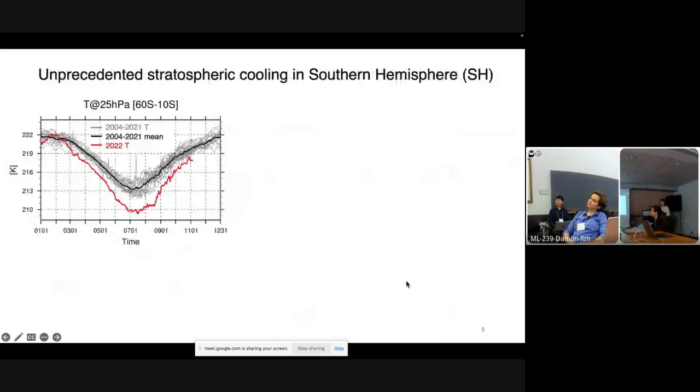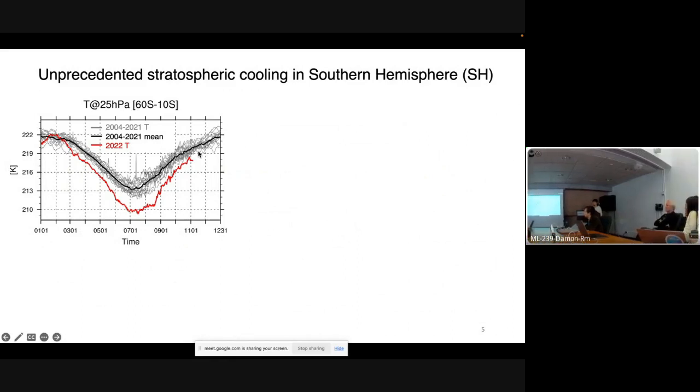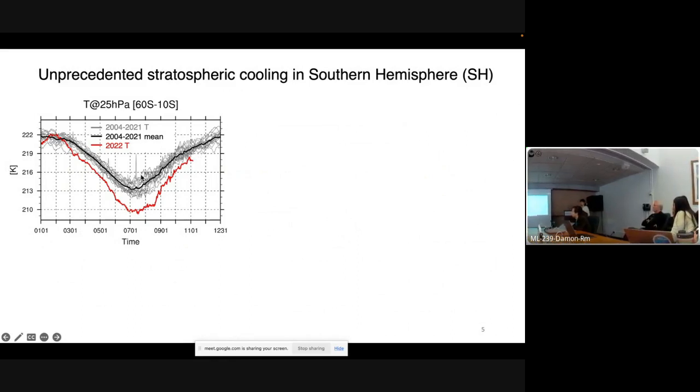Let's see what happens in the observation first. On the left, you're looking at the spaghetti plot of temperature in the stratosphere from satellite. The gray lines show the temperature for different years, black is the climatology, and red is the temperature for 2022. It's very obvious that following the Hunga-Tonga volcanic eruption, we have a big cooling anomaly, and it's outside of all the internal variabilities.